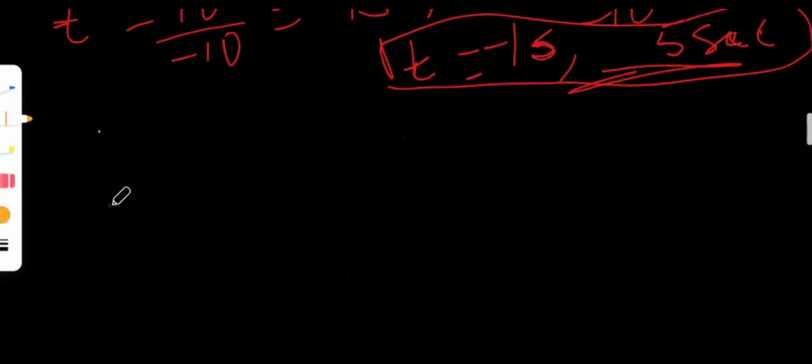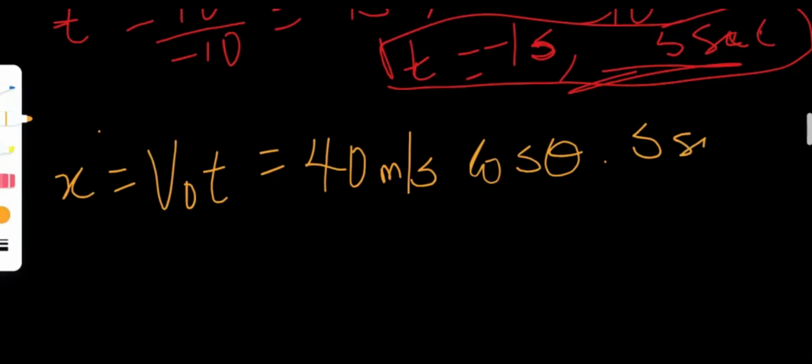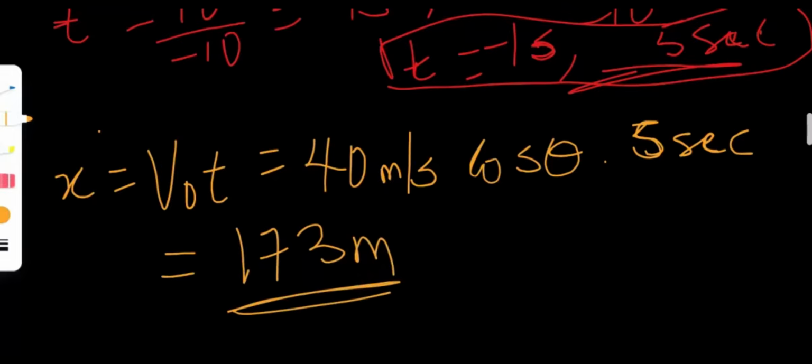The range of the cannonball will be x equals initial velocity times time, which would be, we know the initial velocity is what? 40 meters per second cos 30 times the time of 5 seconds. When we multiply this together, the range will be 173 meters. That's the range of the cannonball, 173 meters.